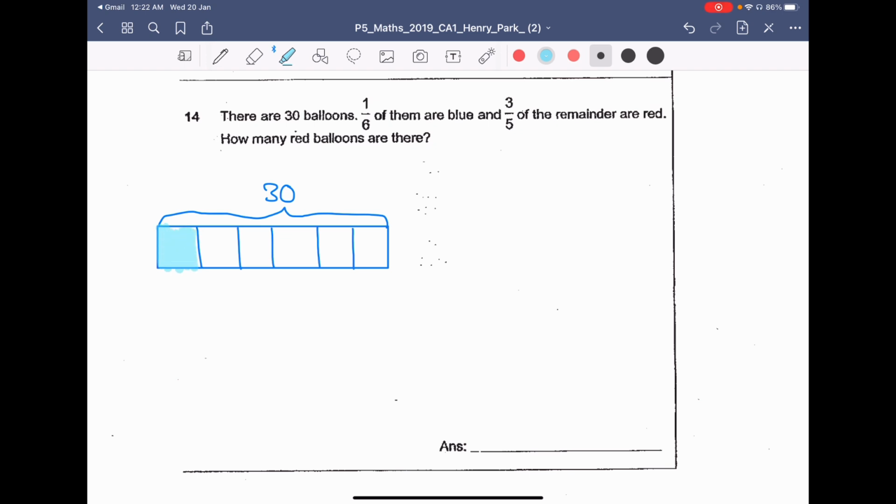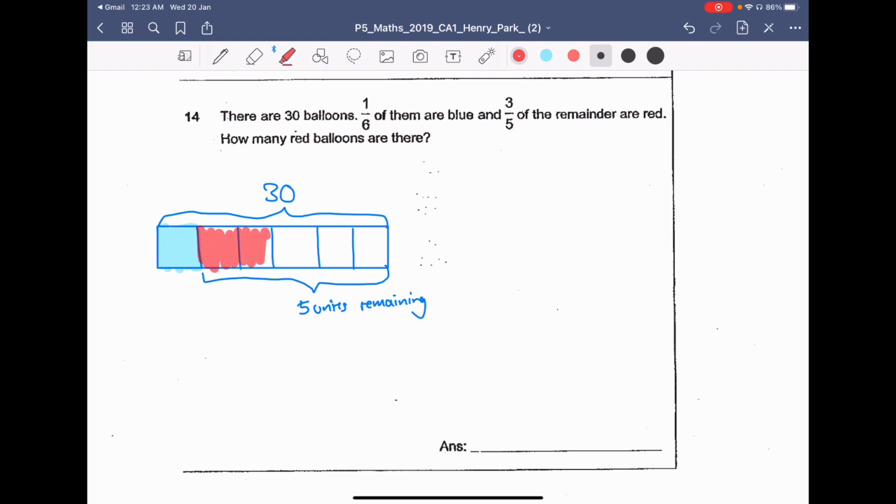So this portion here is blue. 3/5 of the remainder are red. So notice that the remaining units is exactly 5. So we can just directly take it as 3 units of the total are red.